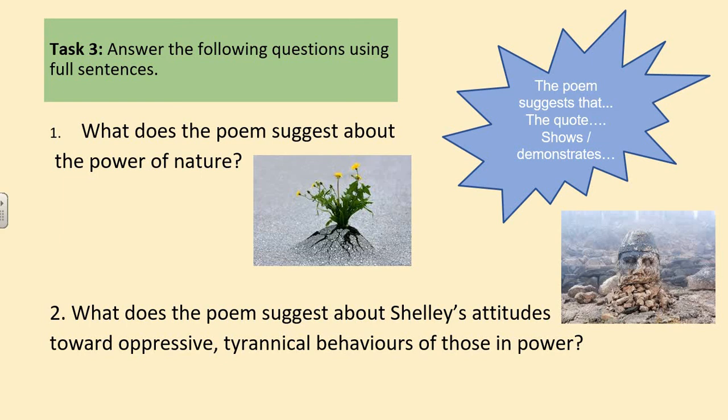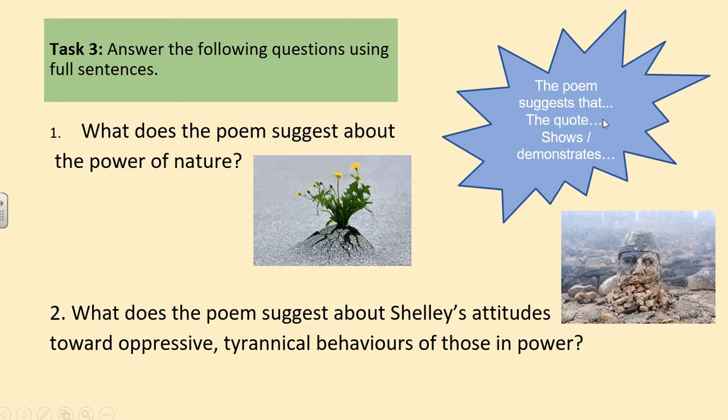Okay, so there's a lot in these two questions. So in the blue star, just some little cues as to how to answer these questions. So the poem suggests that, so if we're doing question 1, the natural world is more powerful than the world of mankind.